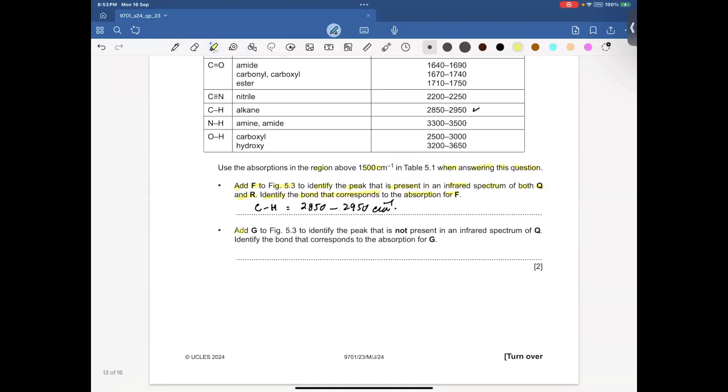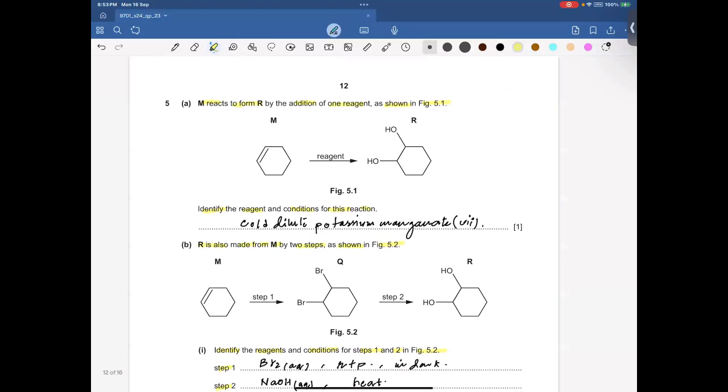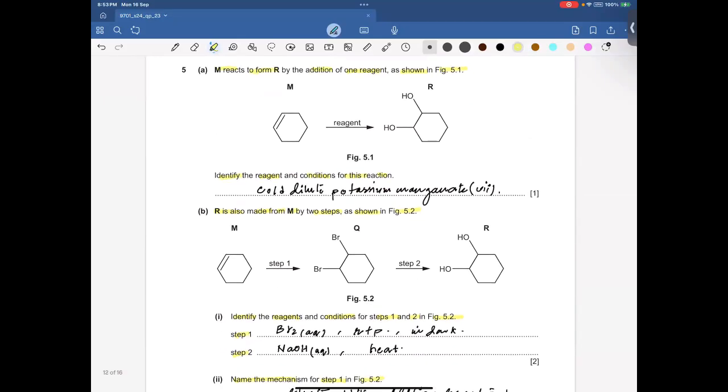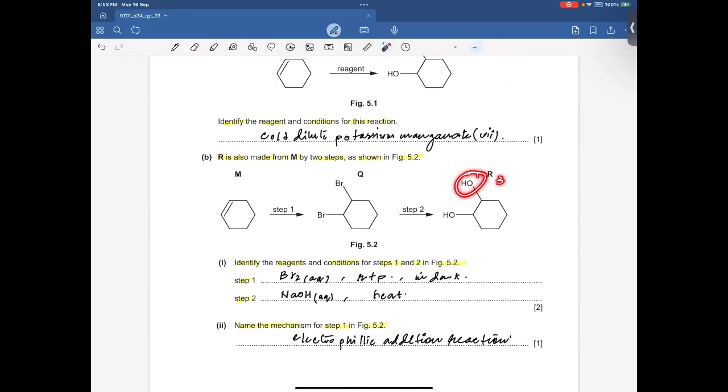Okay, next is add G in figure 5.3 to identify the peak that is not present in the infrared spectrum of Q. Since R has OH, the peak of OH appears at around 3600 centimeter inverse.